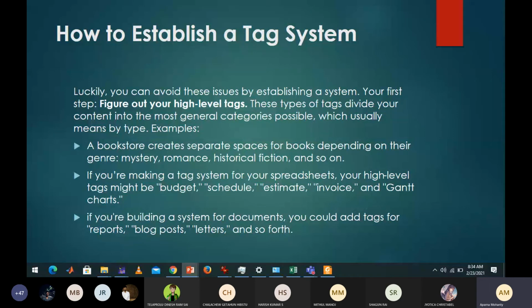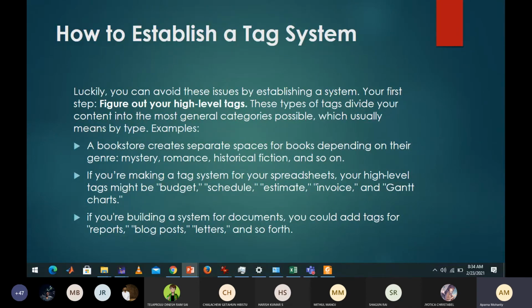If you are making a tag system for your spreadsheets, your high level tags might be budget, schedule, estimate or invoice. Those will help you trace your spreadsheet the moment you try to access it. If you're building a system for documents, you can add tags like report, blog post or letter.